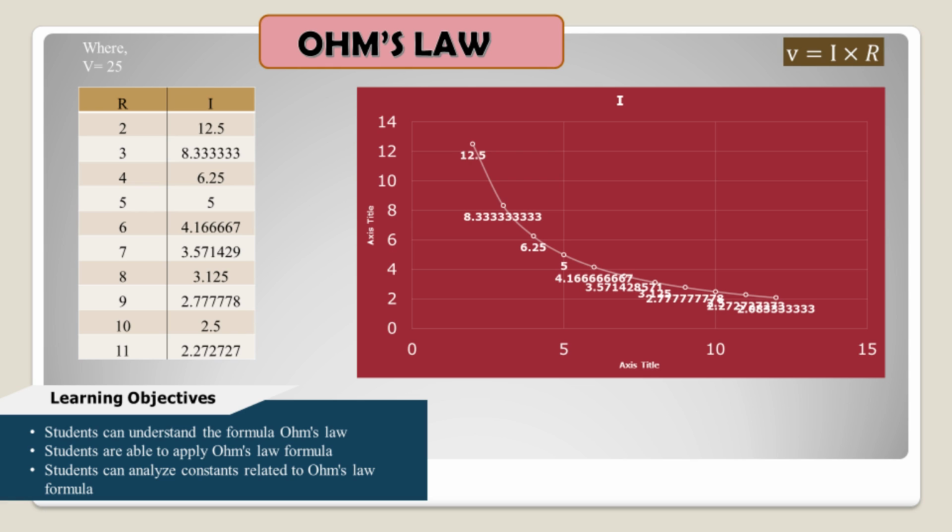If the resistance is equal to 5, the current is equal to 5.